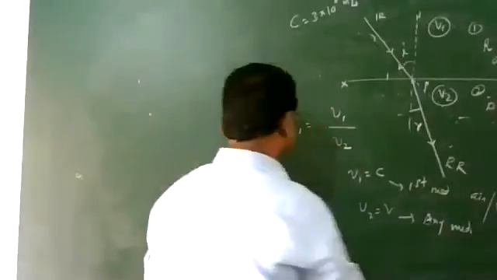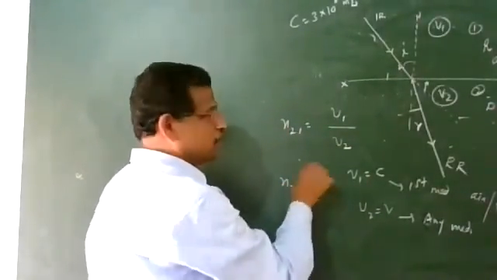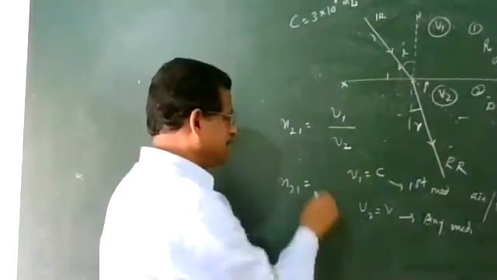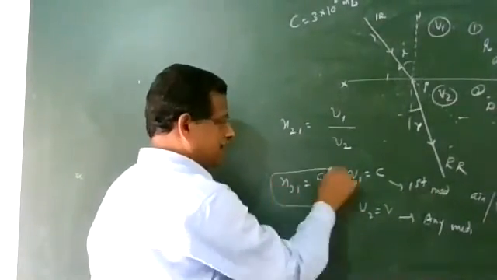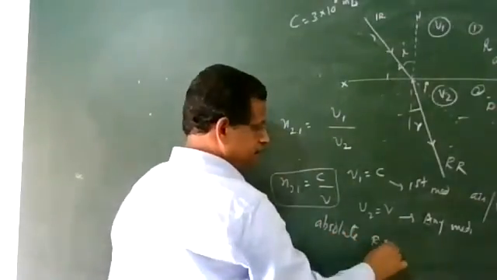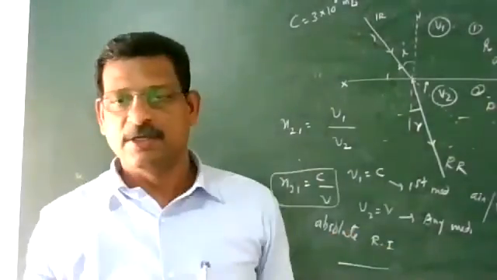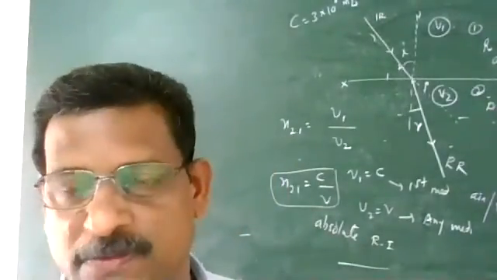So the equation we write is n equal to c by v, and this we usually call the absolute refractive index. There is no unit, no dimension.